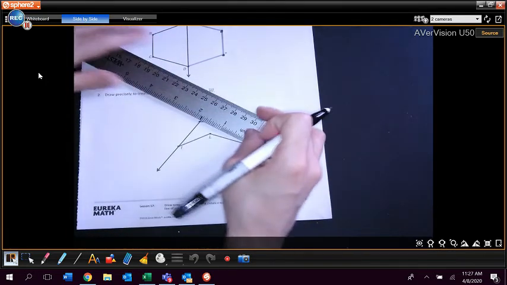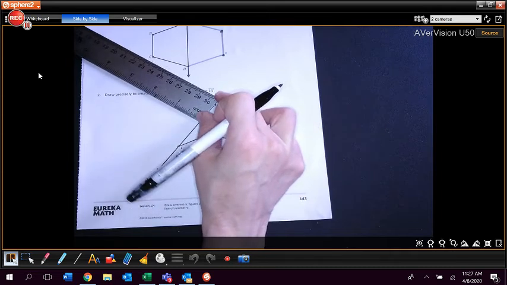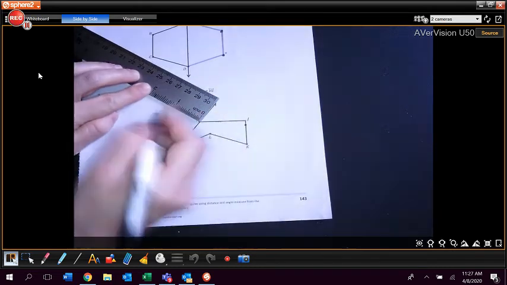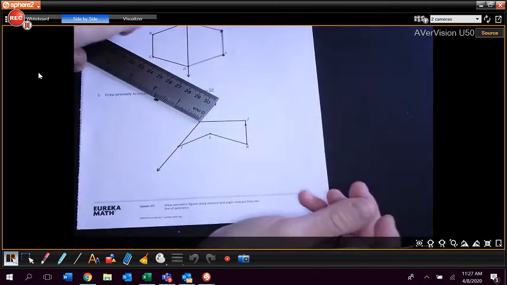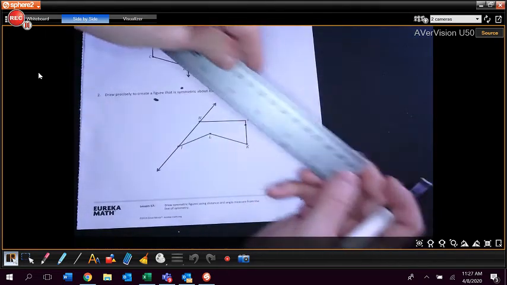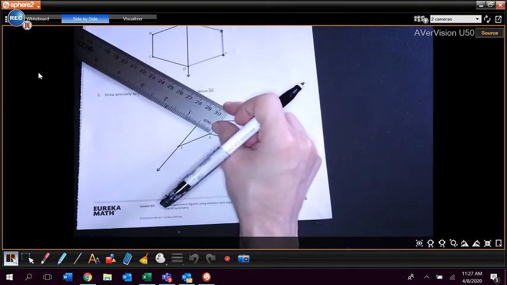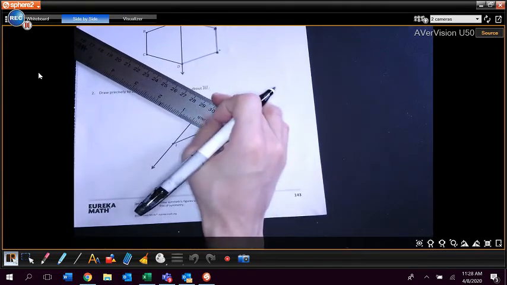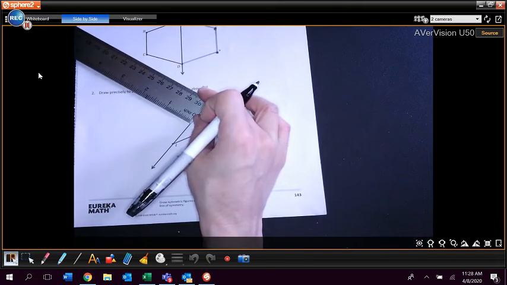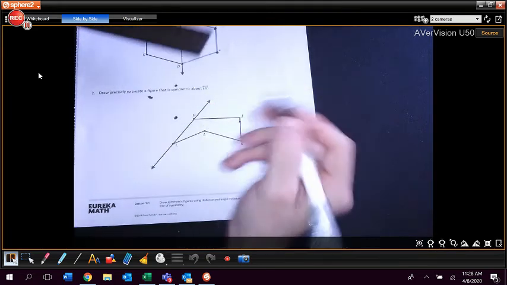Now that I do that, I'm going to move my ruler sideways, and I can see it is right about there. Okay, now I'm going to do L. L is very tiny. It's about half. So I'm going to just move it, and I know that it's going to be right here. And then I do not need to do I.